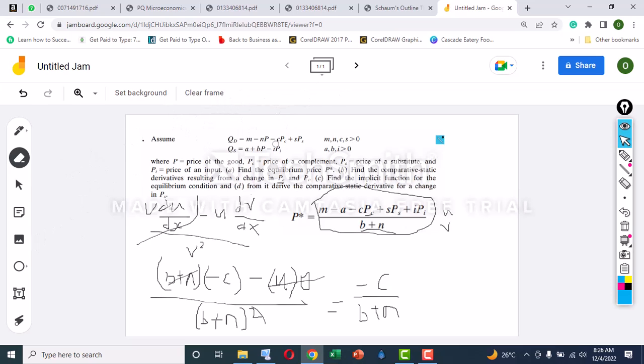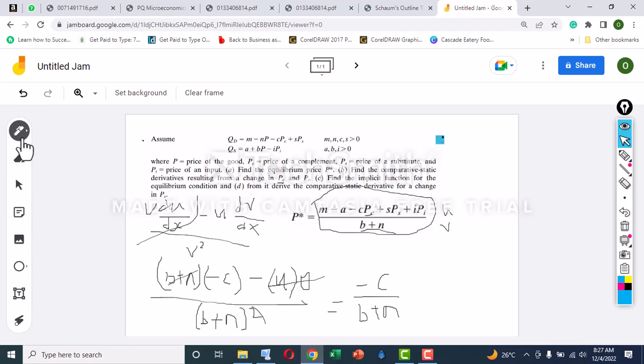So we go to the next one, which is find the implicit function for the equilibrium condition. Now remember I said you can use that formula minus zy over zp, that formula actually is for implicit function, but you can also differentiate implicitly directly. The reason why you need to know implicit function is that in case you forget the formula, one.